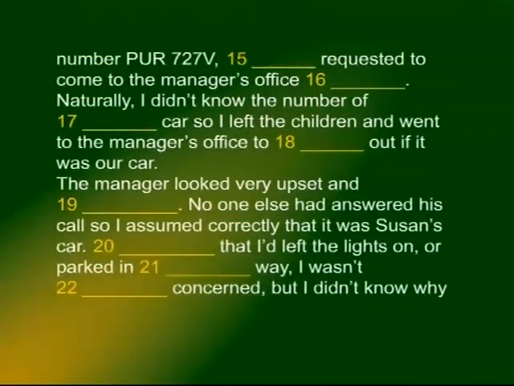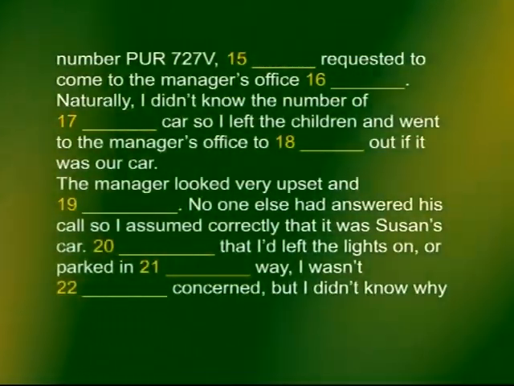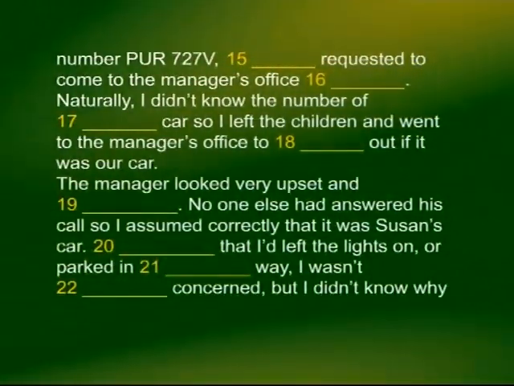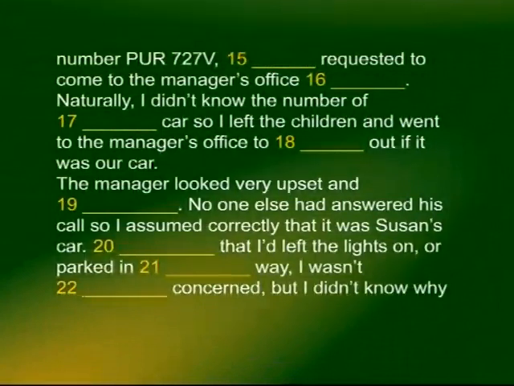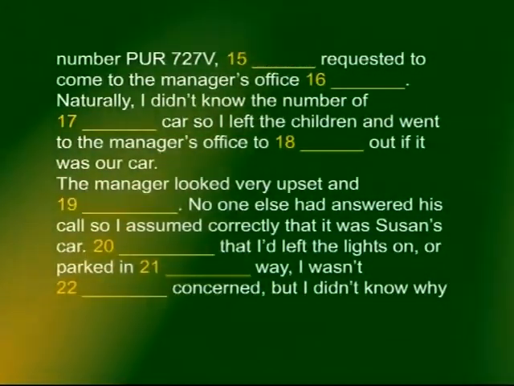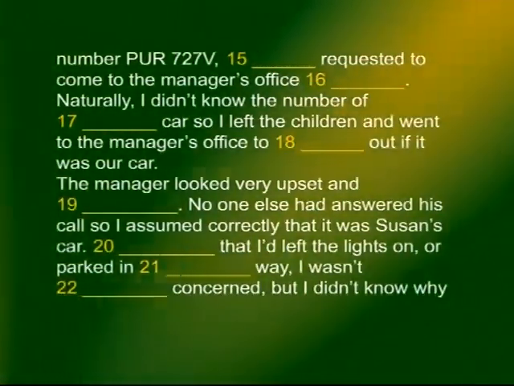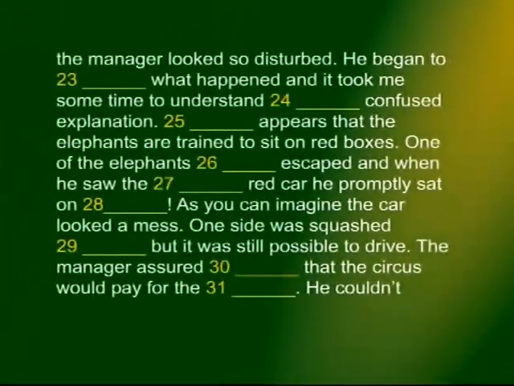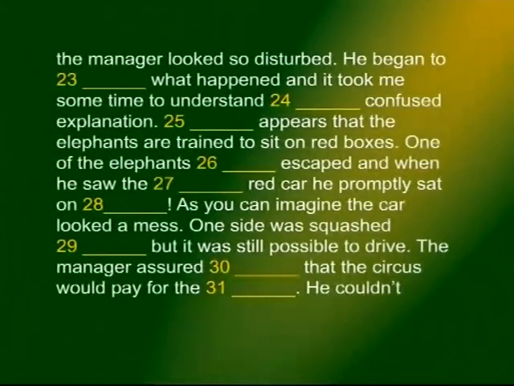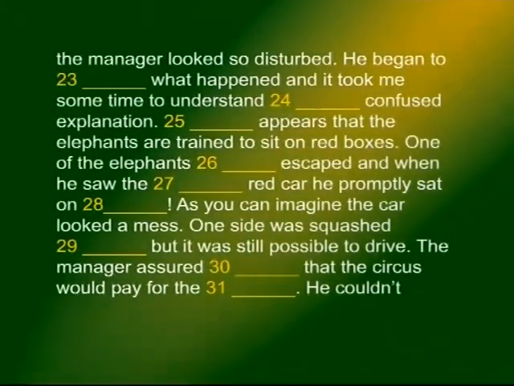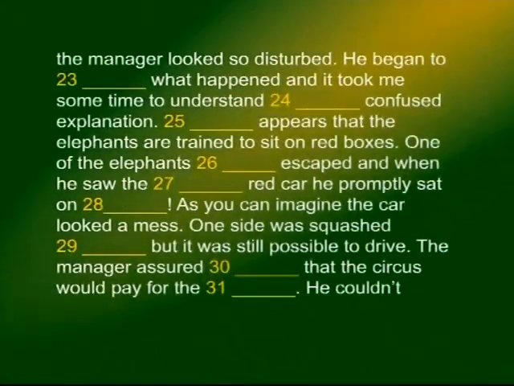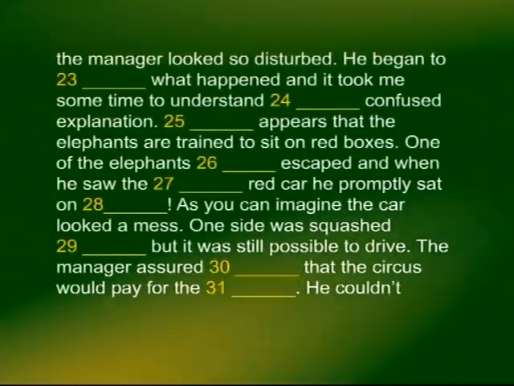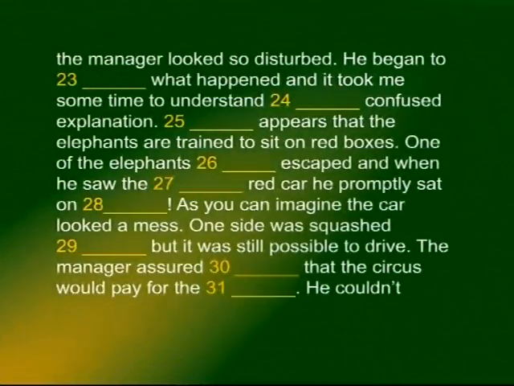Now read, "that I'd left the lights on or parked in way. I wasn't concerned, but I didn't know why the manager looked so disturbed." Now you've got a number of choices over there. You can have the word imagining, thinking, fearing, and even assuming.